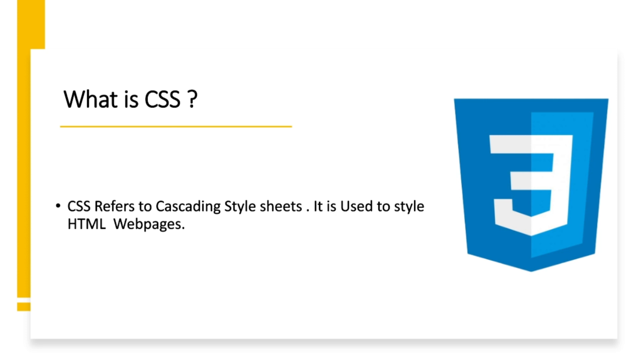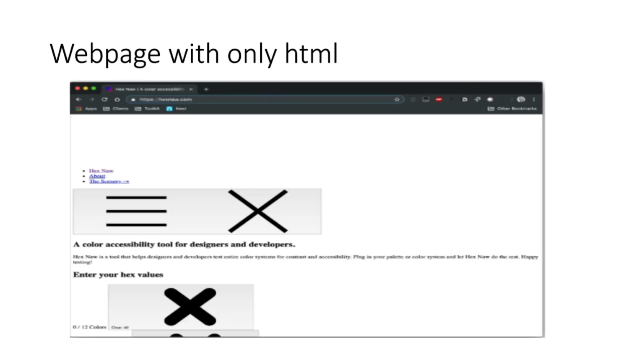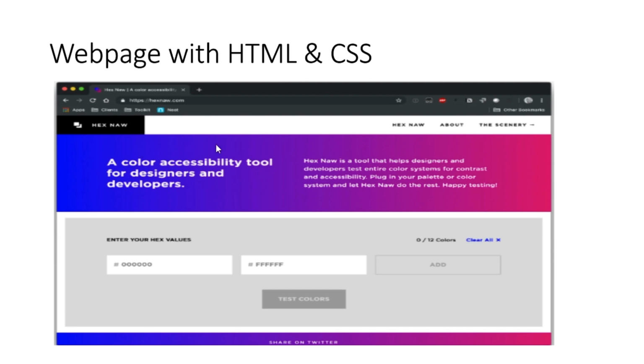Let me give you an example through which you can understand CSS better. If you can see this image, this is the image in which we have only HTML elements. Now I will show you one image which is this.